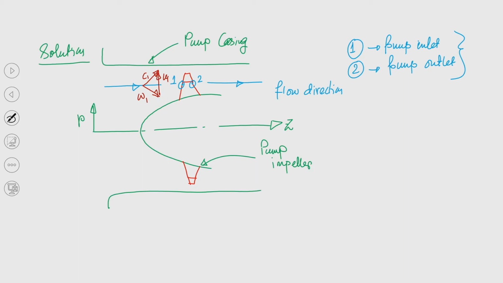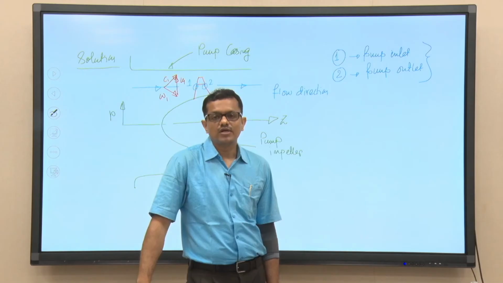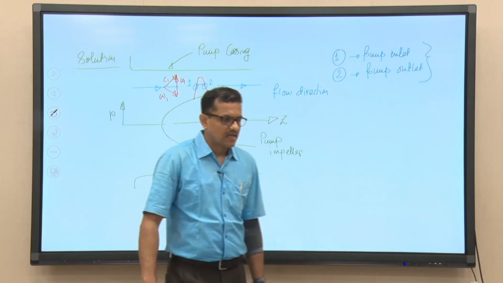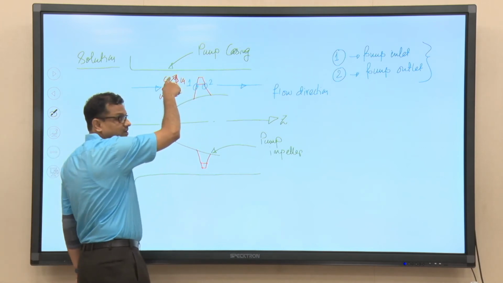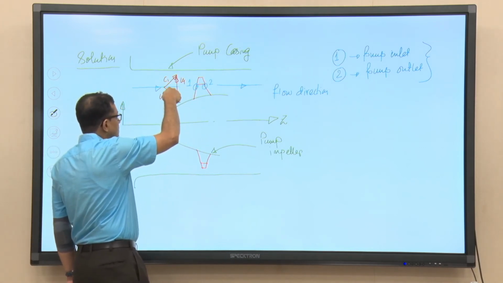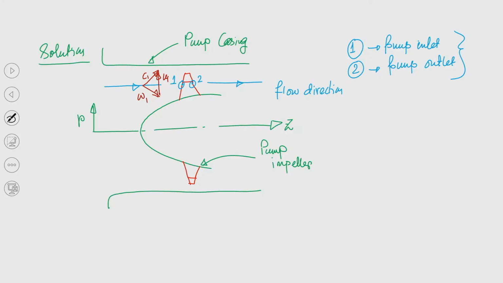So, we have learned that these three velocities are three important components. This is the absolute velocity, this is the flow velocity relative to the blade velocity, that is why it is called relative flow velocity, and this is the tangential velocity, which is the blade velocity at the inlet and outlet.